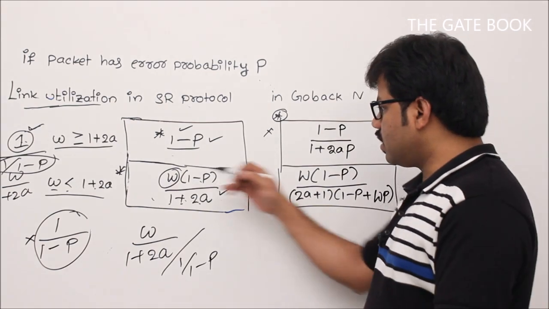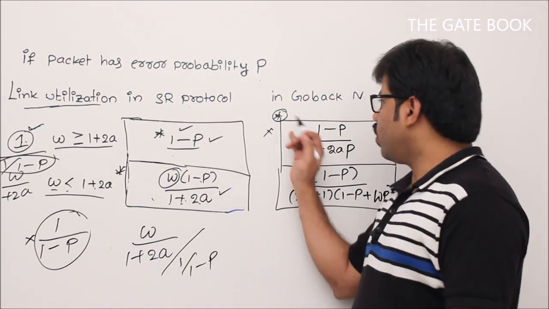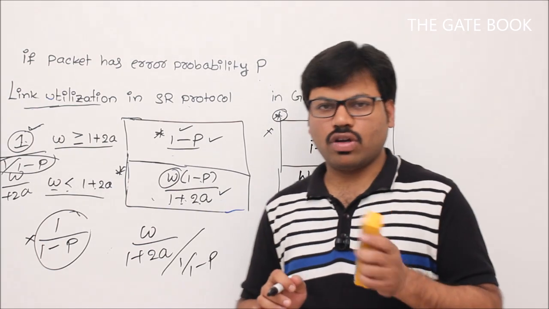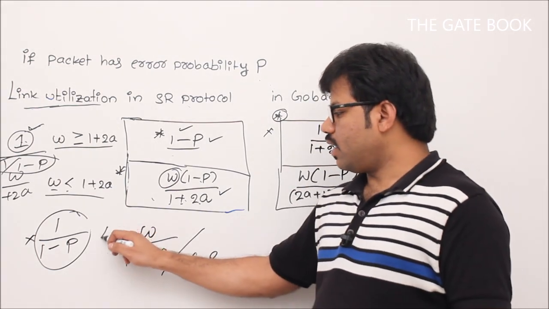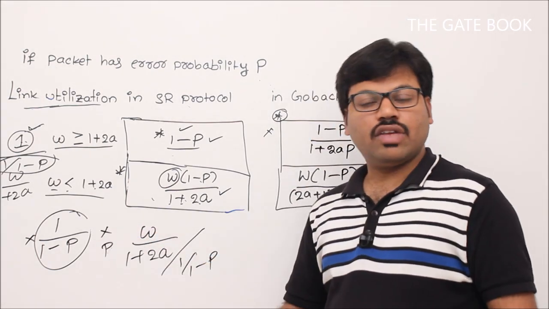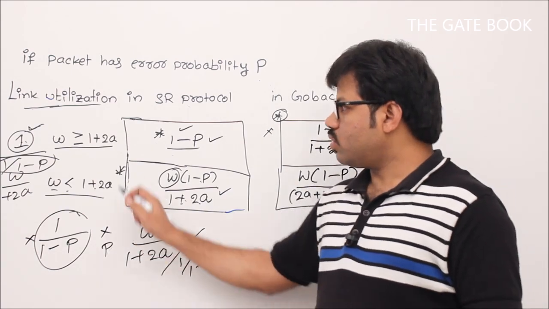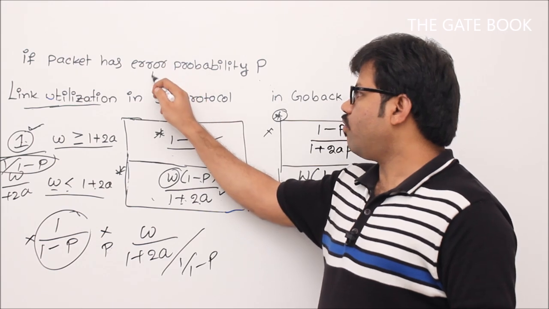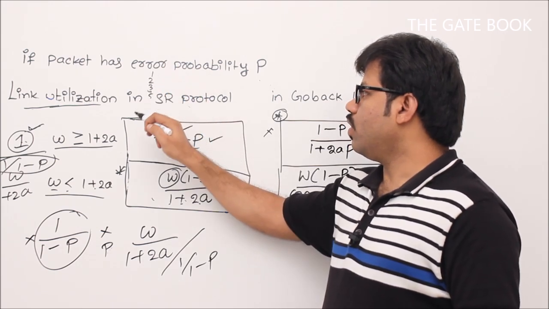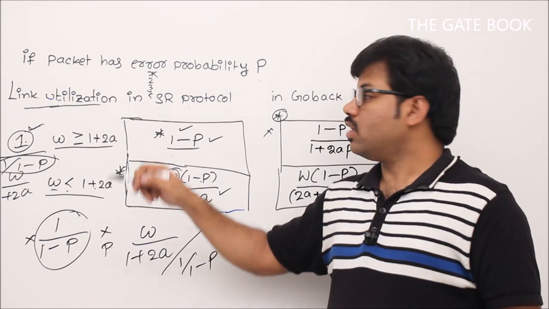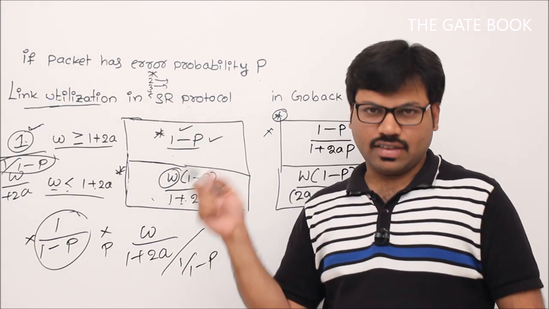But the same thing is not applicable for the go back N protocol. In go back N, the problem is, when a packet is lost, then we have to send a lot of other packets. Did you remember? Example, let's say you are sending 5 packets like this, 1 2 3 4 5. What happened? The first packet is lost, then we send 2 3 4 5 again, correct?